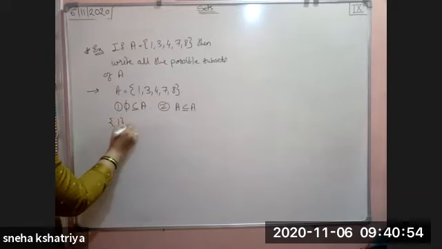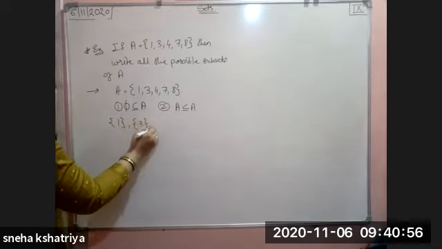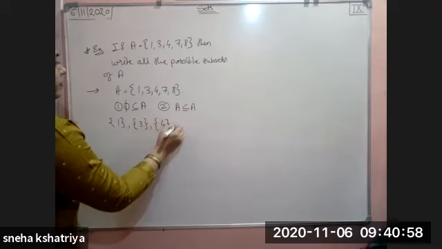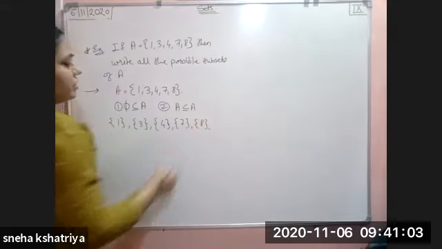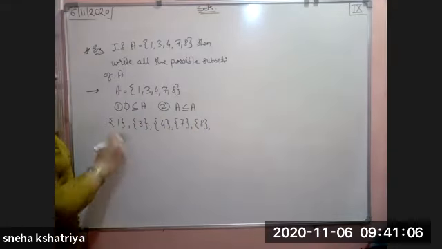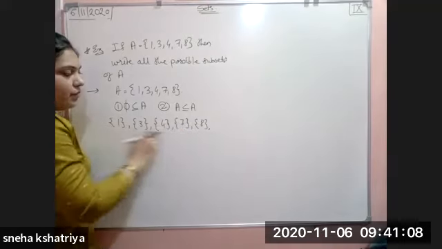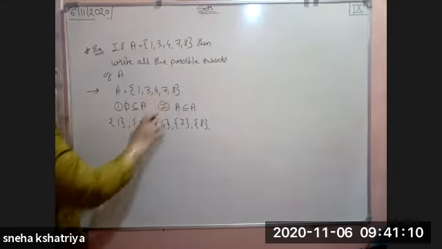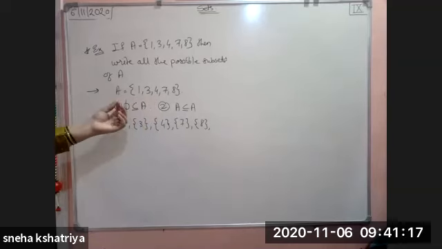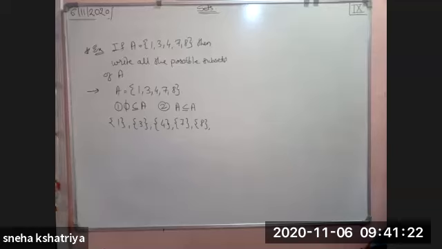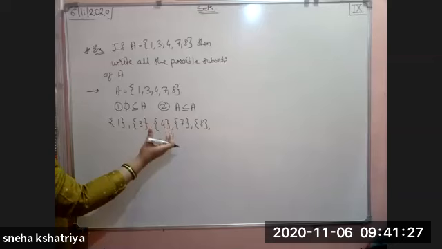First 1 will come, then 3, then 4, then 7, and 8. These are the singleton sets: {1}, {3}, {4}, {7}, {8}. These are the sets which we have found from A equal to {1, 3, 4, 7, 8}. Now we have to take the pairs of them, whatever pairs we can take.